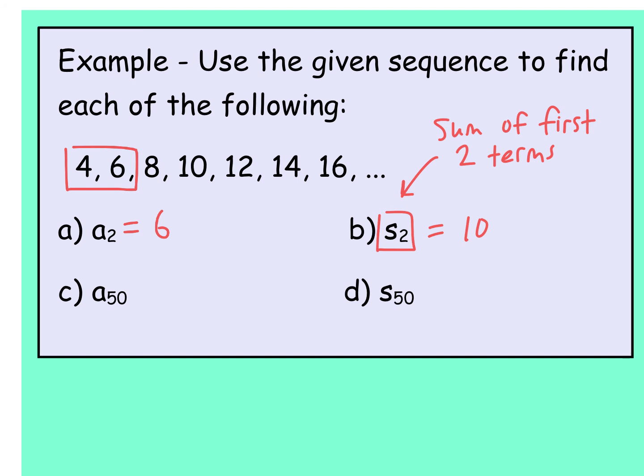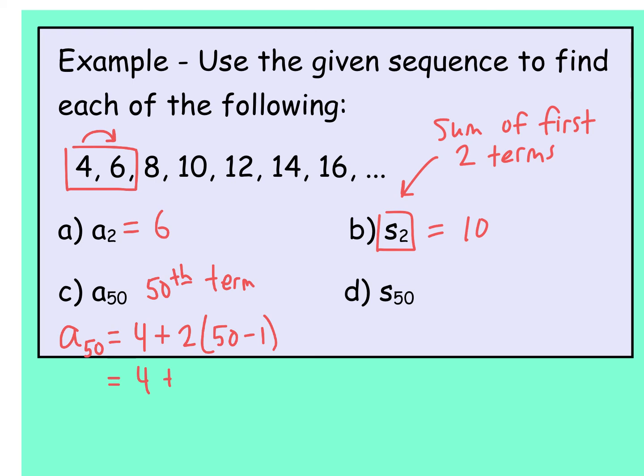But anyways, a sub 50, again, this means the 50th term in the list, right? So that's when we would use the explicit formula. A sub 50 is going to equal, going back to the sequence formula, the first term plus, in this example, the common difference is 2, times n minus 1.